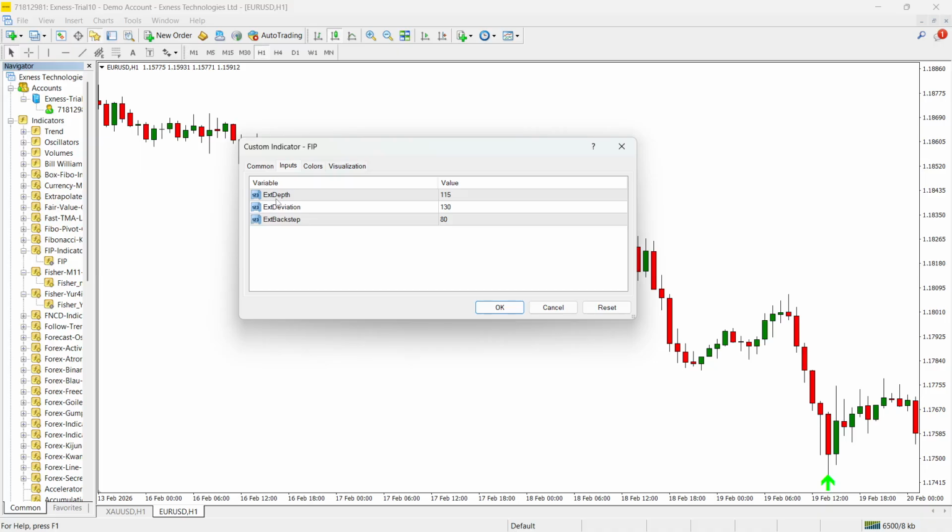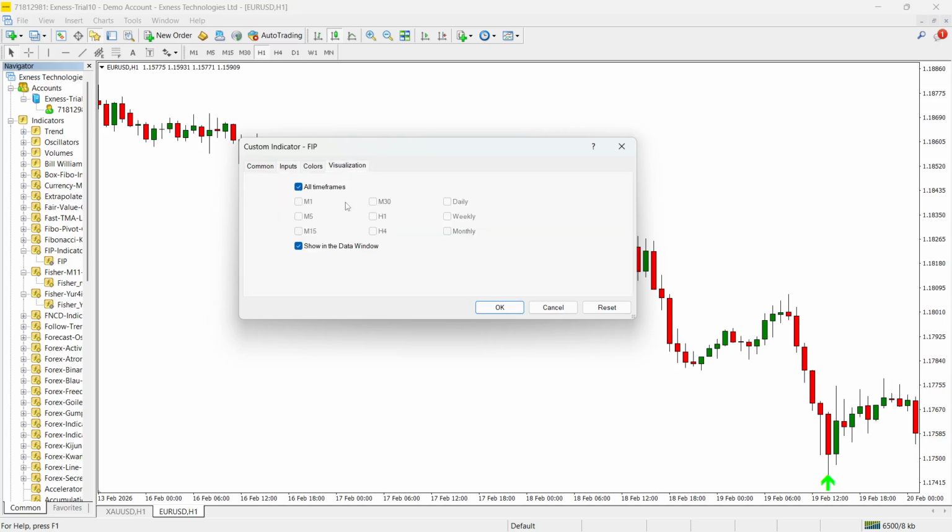So we have the EXT depth, the EXT deviation, and the EXT backstep. Time frame and pair coverage: the system is technically compatible with any MT4 pair and time frame, but its repainting behavior is evident across conditions.